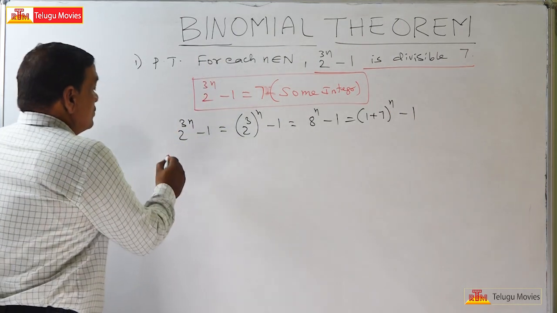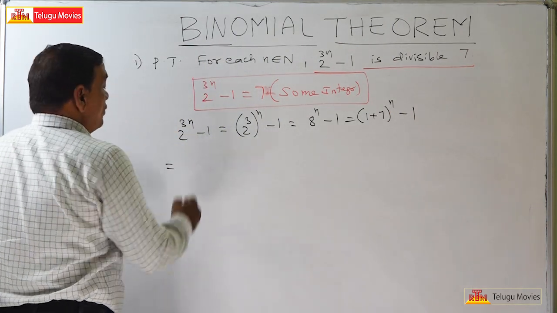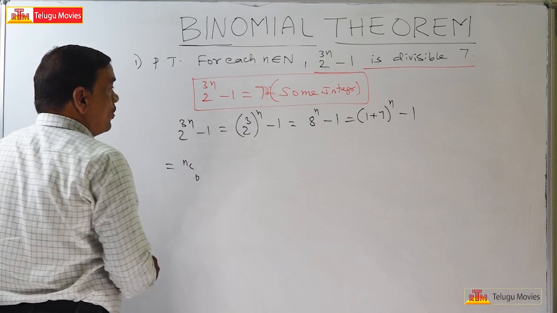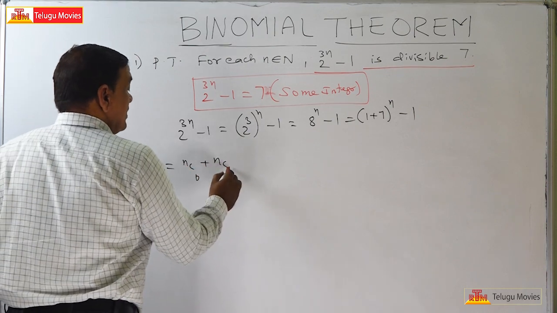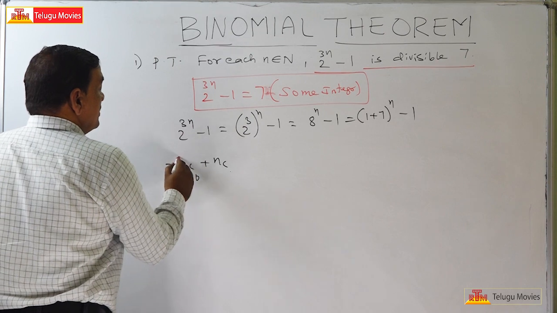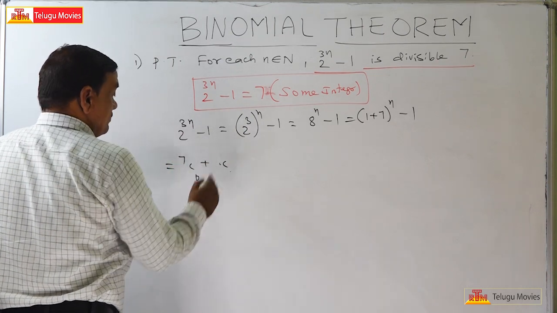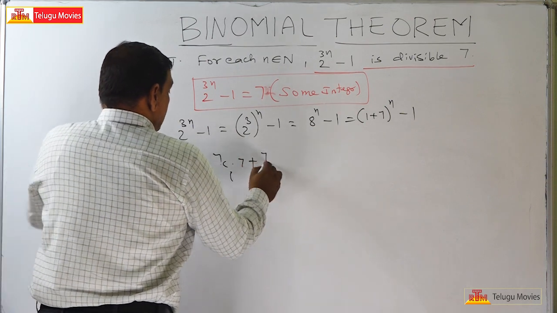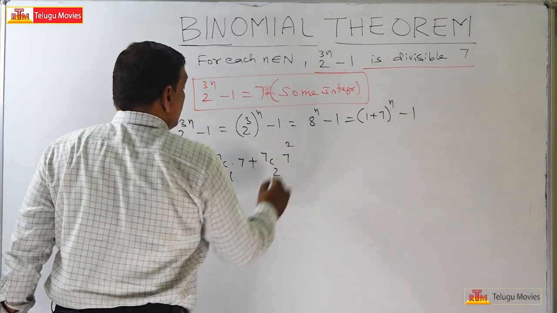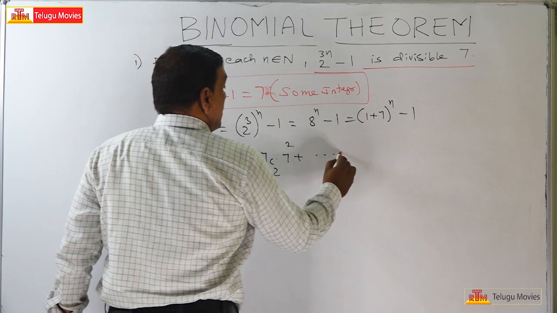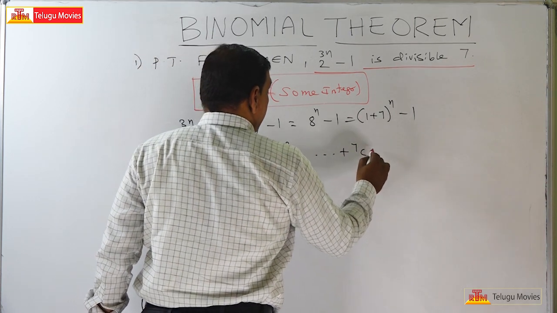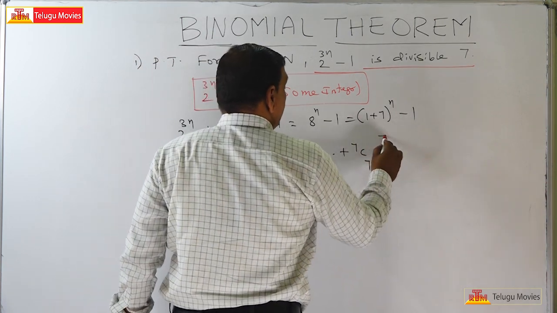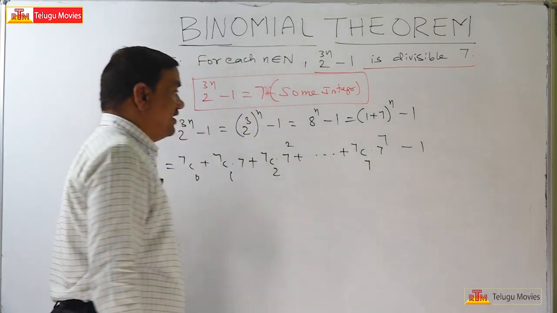So that is equal to nC0 plus nC1 into 7, nC2 into 7 square, plus so on, last one nCn into 7 to the power of n, and of course minus 1 is there.